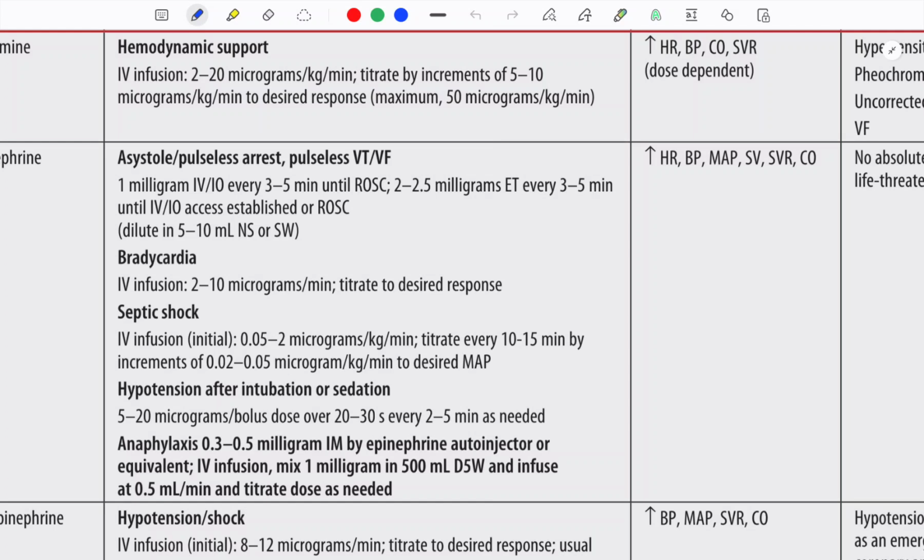If the patient has anaphylaxis, you can give 0.3 to 0.5 mg IM by autoinjector, or you can give an IV infusion 100 microgram stat and then 1 microgram per minute.